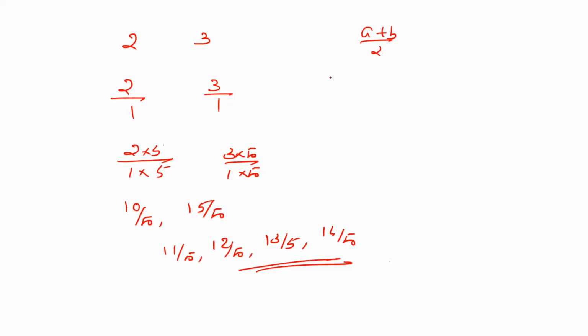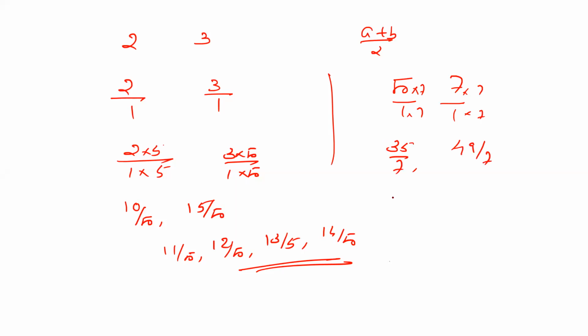In the same way you can find rational numbers between 5 and 7. Say you want 6 rational numbers. You write 5 by 1 and 7 by 1. Now you want 6 rational numbers, so multiply by 7. 5 into 7 is 35 by 7, and next is 49 by 7.